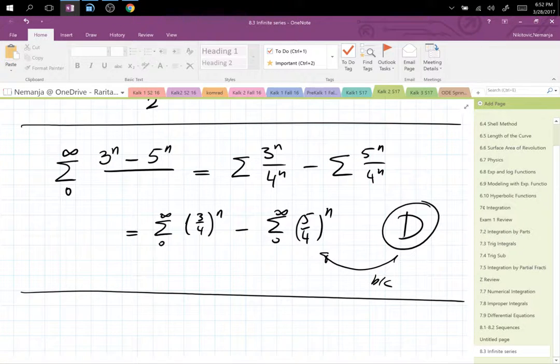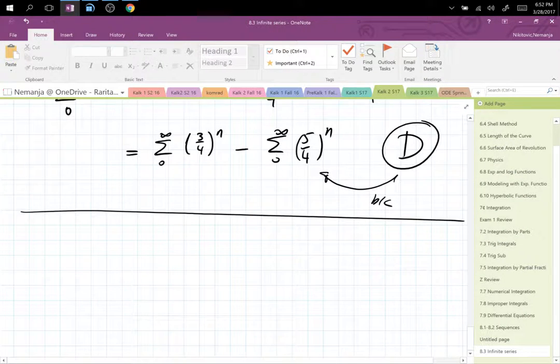Let me see what we can master from here. So here is the problem from the textbook. Find the sum.